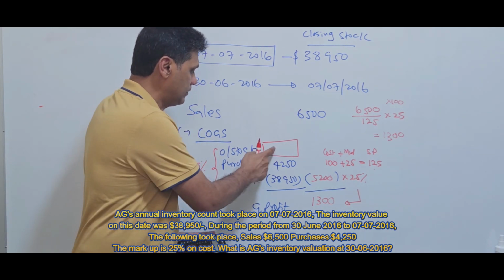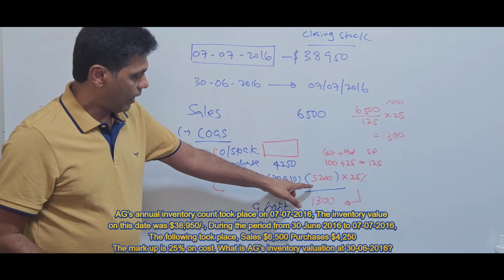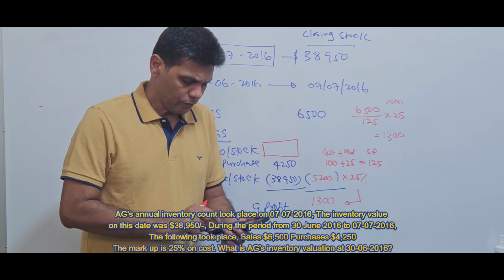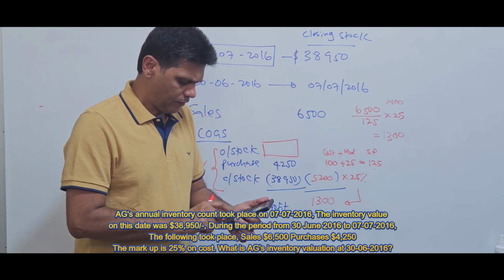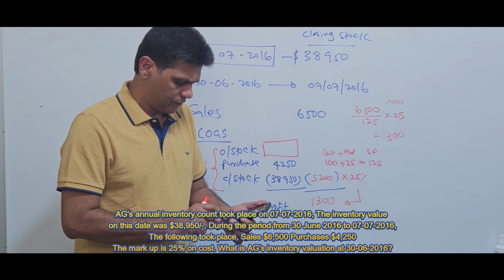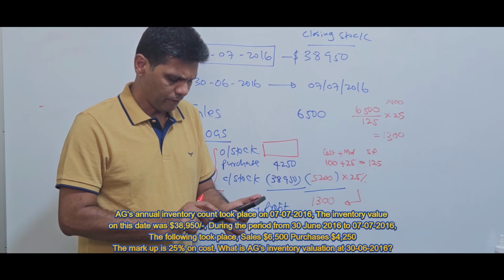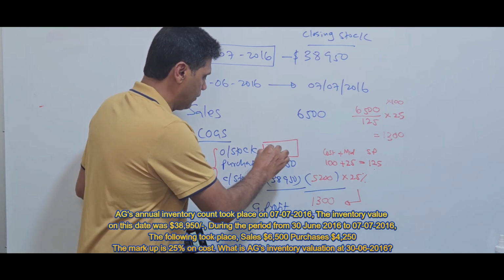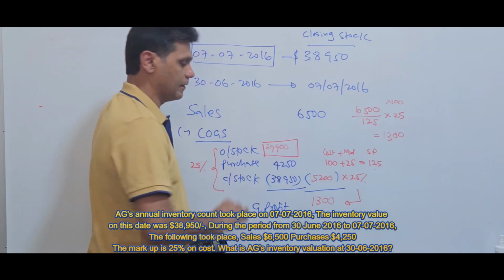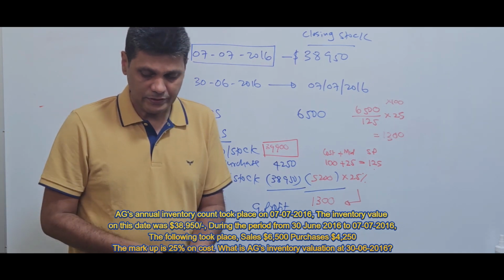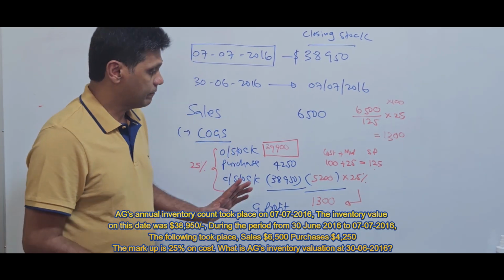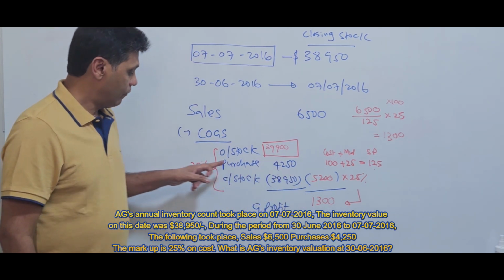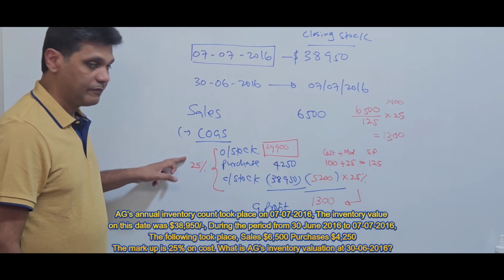Now, you add back this and deduct this, and you will get the opening stock value, which is 38,950 plus 5,200 minus 4,250. So that will be 39,900. So this is how you identify the cost of goods sold when the markup is given.